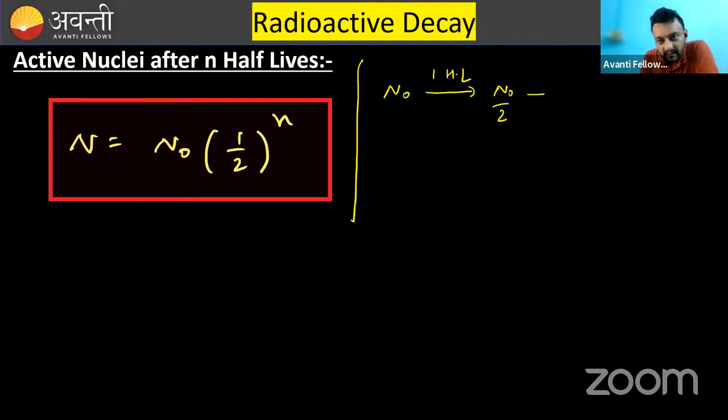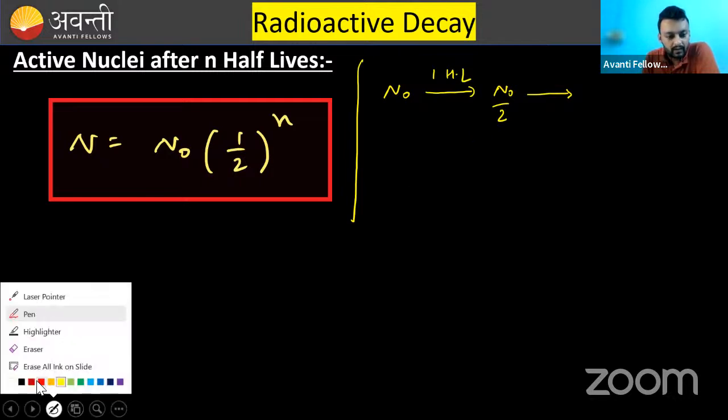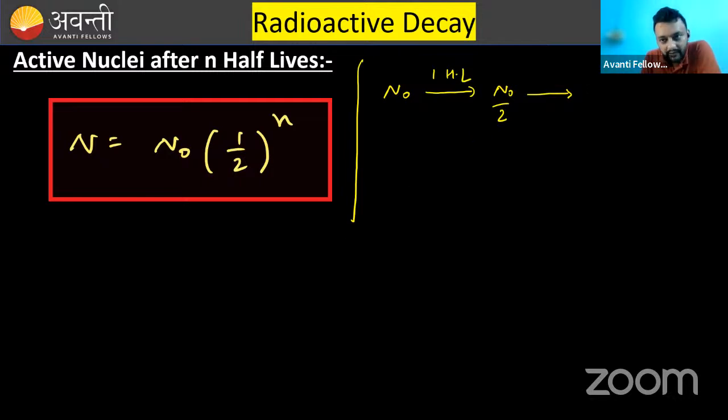If I say after one more half-life, the original were N naught by 2. Can you say that they will again become half after one more half-life? Very good, N naught by 4. Similarly, it is nothing but N naught times 1 by 2 square.